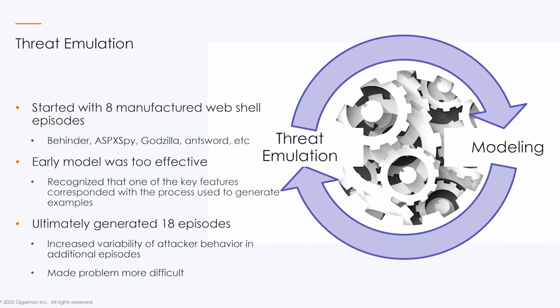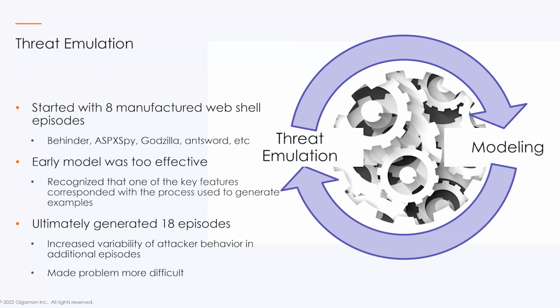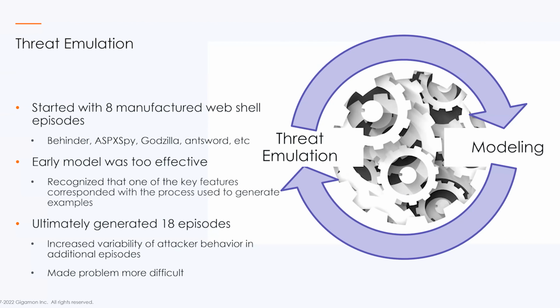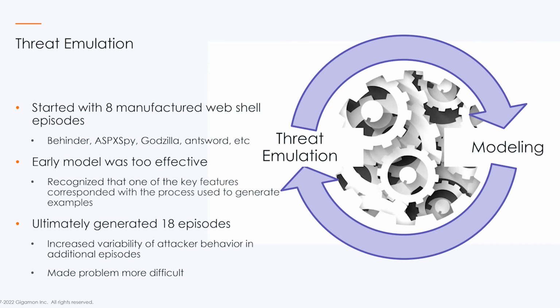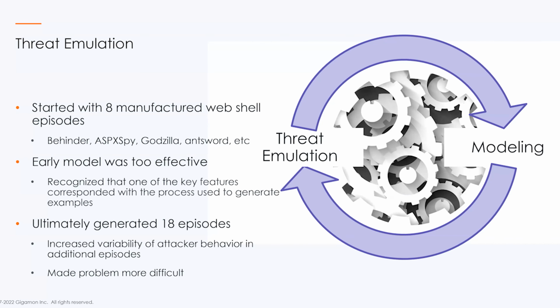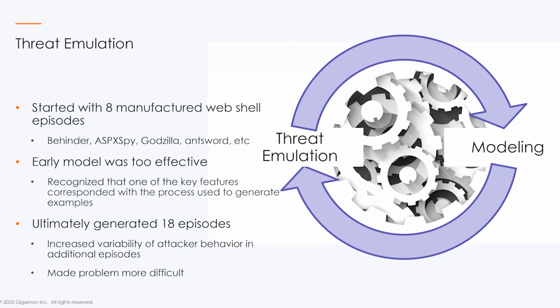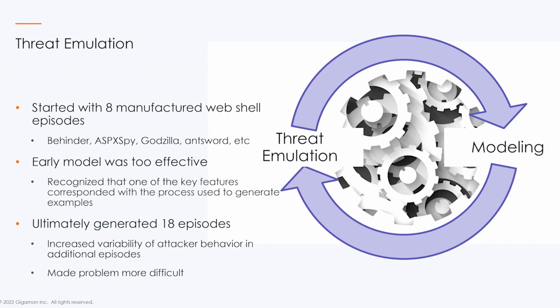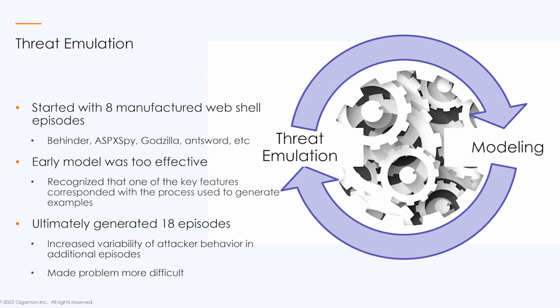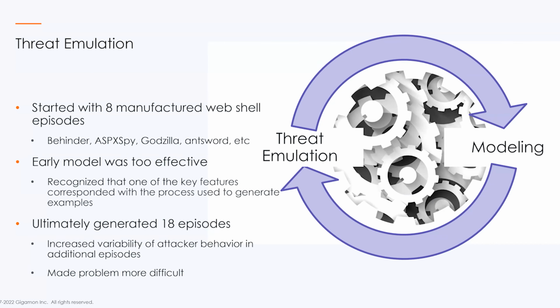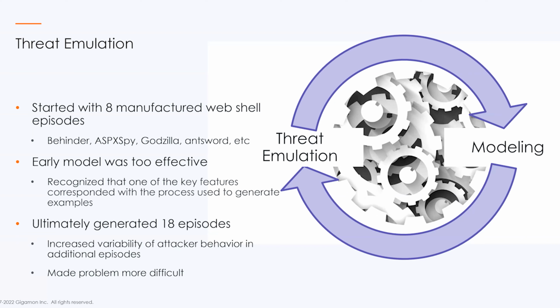So we started with these 8 manufactured web shell episodes, and it turned out that the initial attempts at modeling were actually too good. We were getting amazing progress, and we thought everything was good. Although, I noticed that there was one feature that was being focused on, and it was always about 4 or 5.